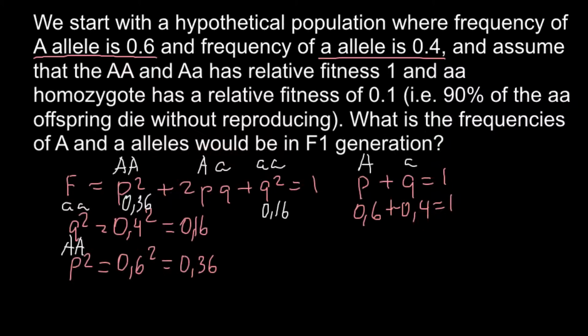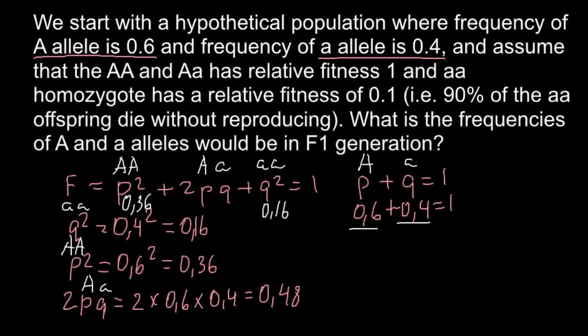The frequency of 2pq, or the heterozygous genotype, would be 2 multiplied by p, which is 0.6, and multiplied by q, which is 0.4, and the number here would be 0.48.